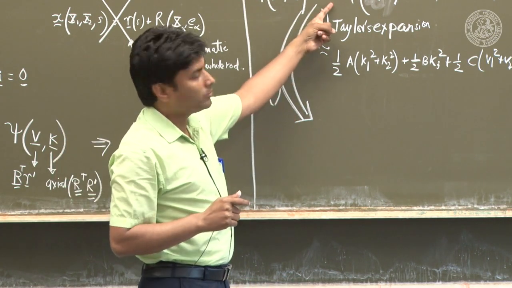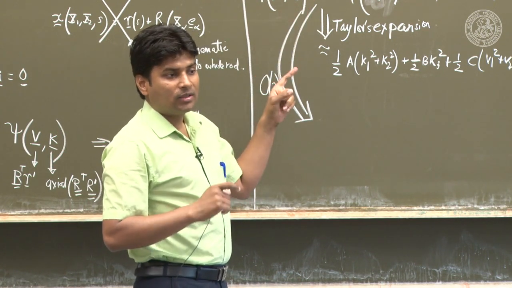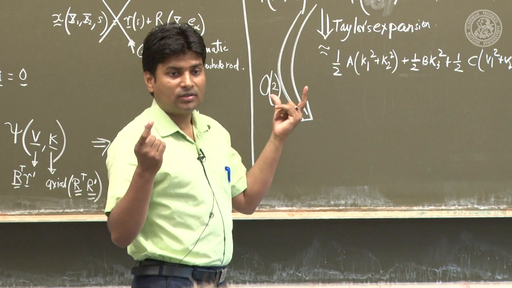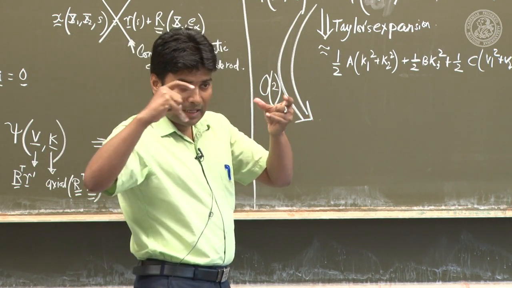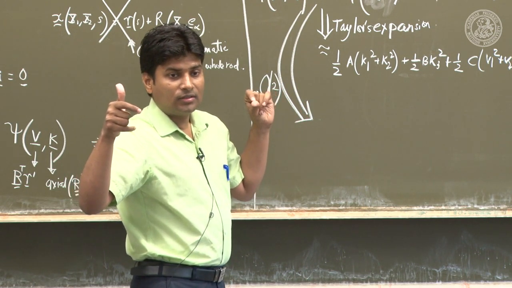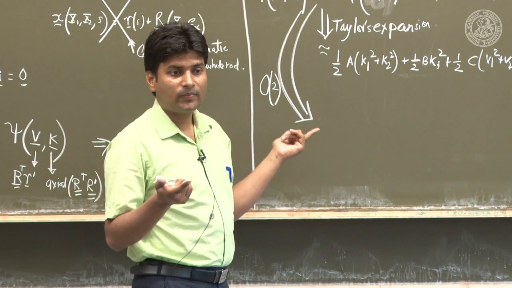So, they have SO2 symmetry. They do not have O2 symmetry because if you reflect, the right handed helix becomes left handed. But if the rod does not have that helicity in it, then it has O2 symmetry. You can reflect it and still the rod would be the same.